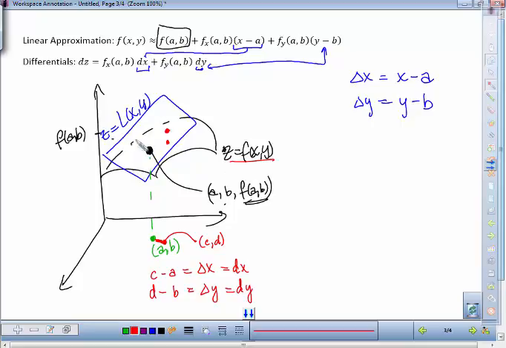So the z is going to change from one point to the other. A lot of times they call this delta z.